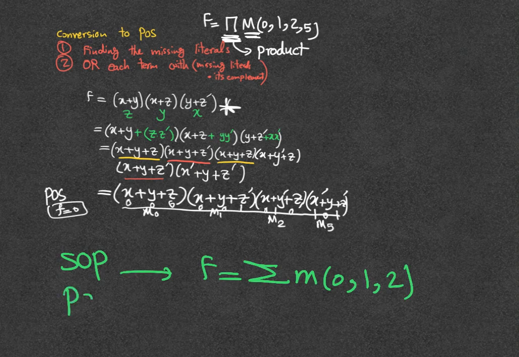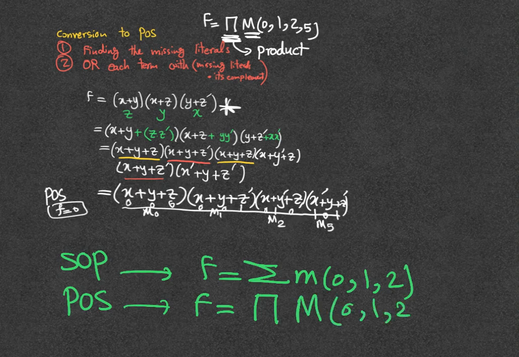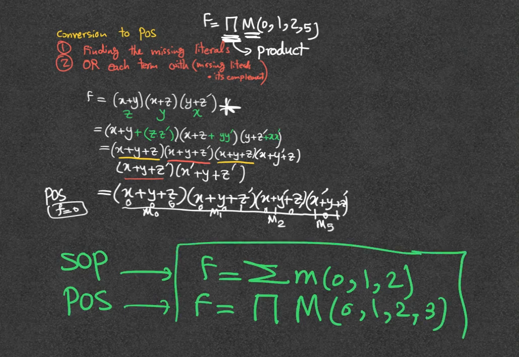But for POS, F is the product of max terms, capital M, 0, 1, 2, 3, for example. So this is how you write it in short expression for SOP and POS.